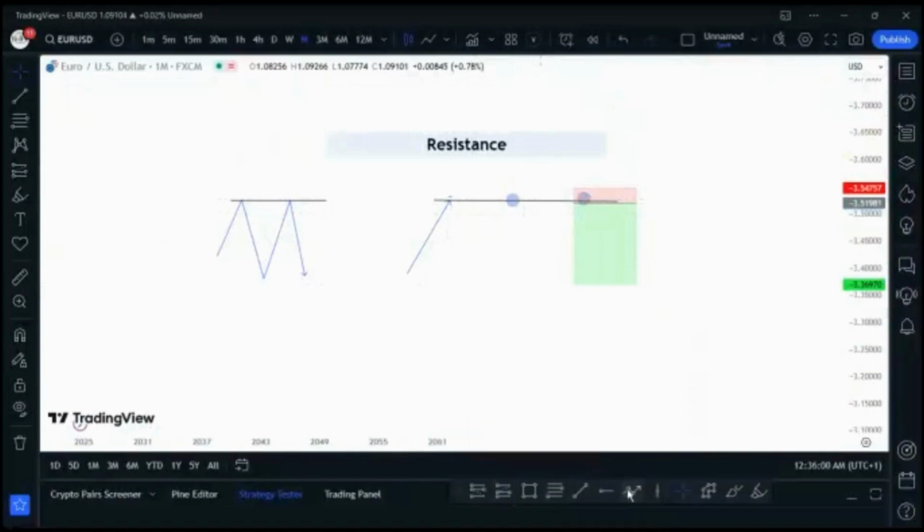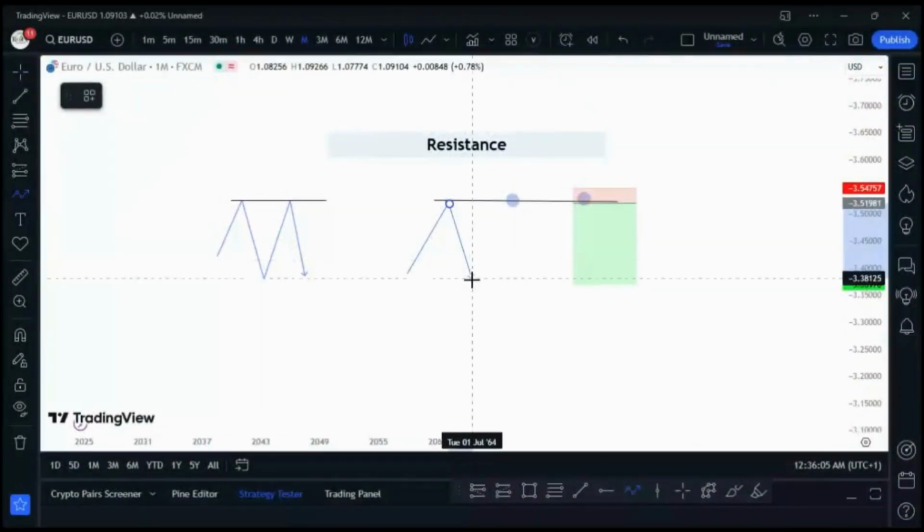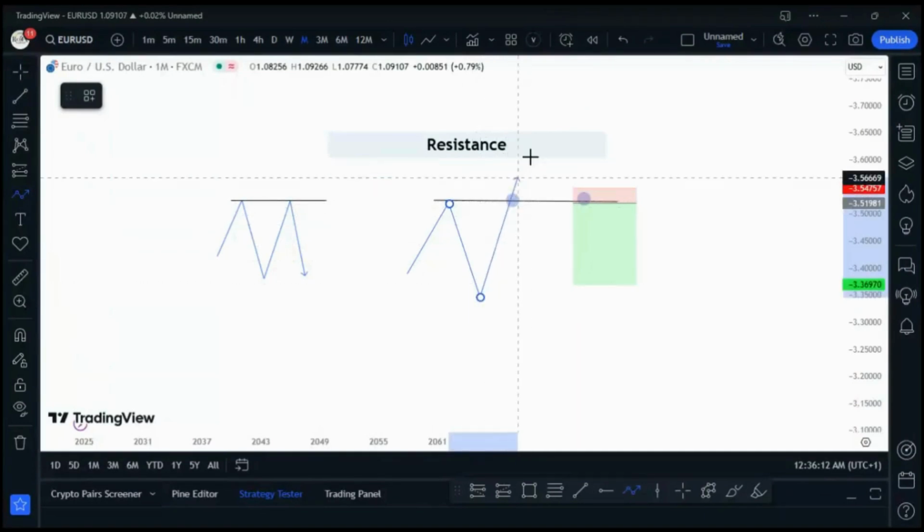Let's say that the market is at this price level and makes a move to that same level again, but this time it doesn't break above it like this, but instead it rejects, rebounces from that level.